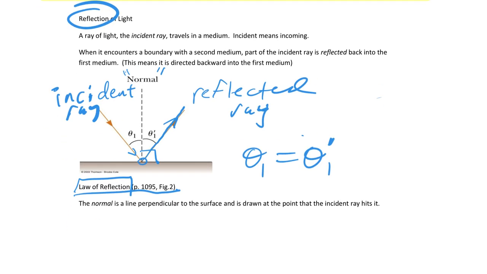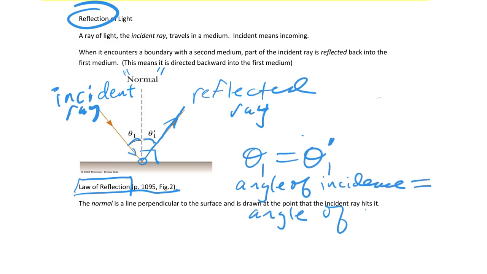The angle of incidence is always measured from the normal, not from the mirror, and so too with the angle of reflection. This is the angle of reflection. This is the angle of incidence. So it's a super easy law.